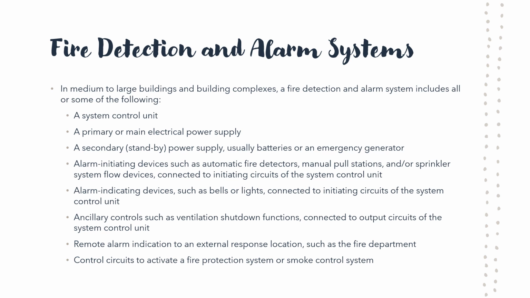Ancillary controls such as ventilation shutdown functions connected to output circuits of the system control unit. 7. Remote alarm indication to an external response location such as the fire department. And lastly, control circuits to activate a fire protection system or smoke control system.